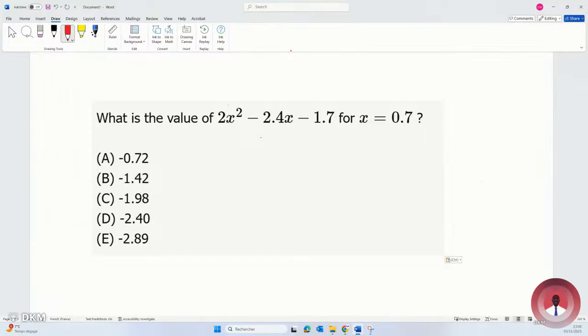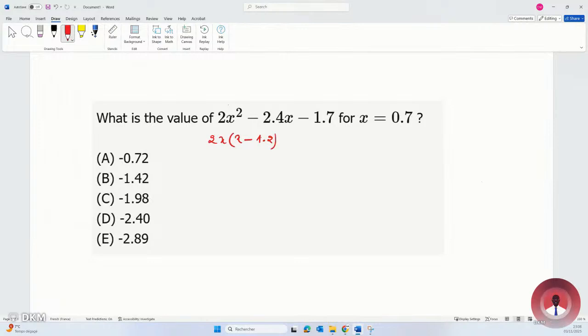So we can say that this is equal to 2x, we're going to try to simplify that, minus 1.2.